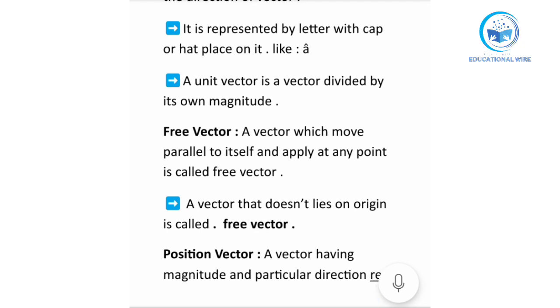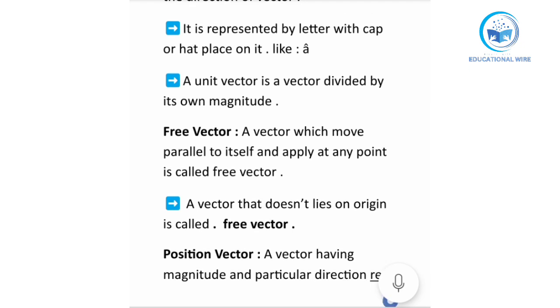But this is the definition of something else, like we have to represent it. I think it is the definition of addition of vectors, that a vector having same magnitude and a particular direction is called the addition of vector. Okay, so the vector definition is also this, so it's matching.